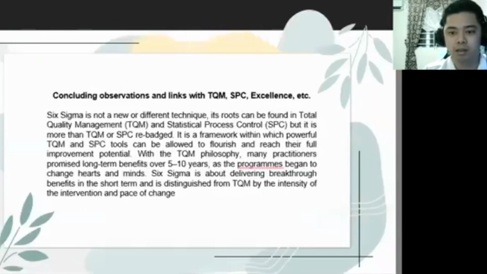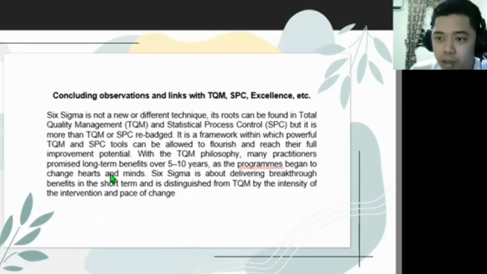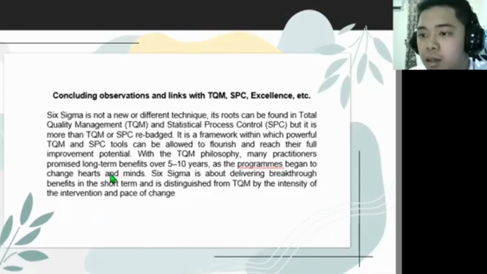And next is 21. Concluding observation and links with TQM, SPC, excellence, and etc. Six Sigma is not a new or different technique. Its roots can be found in total quality management and statistical process control, but it is more than a TQM or SPC rebadge.